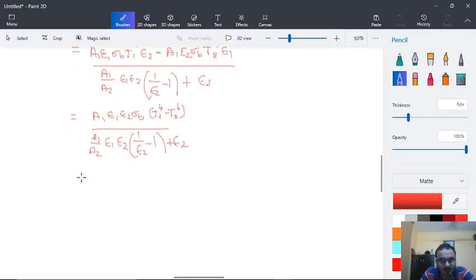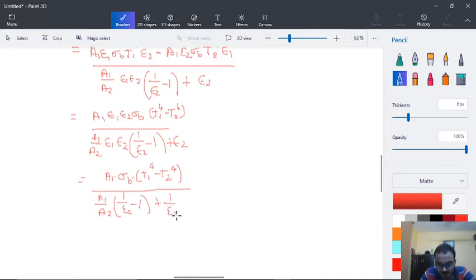So here finally what we will be getting here is A1 into sigma b into T1 raised to 4 minus T2 raised to 4 divided by A1 upon A2 into 1 minus epsilon 2 minus 1 plus 1 divided by epsilon 1.